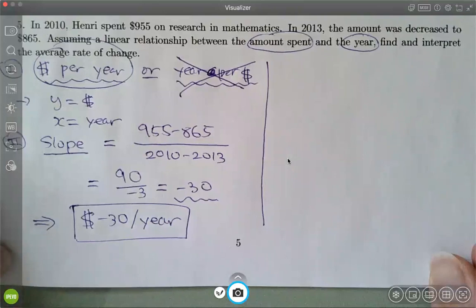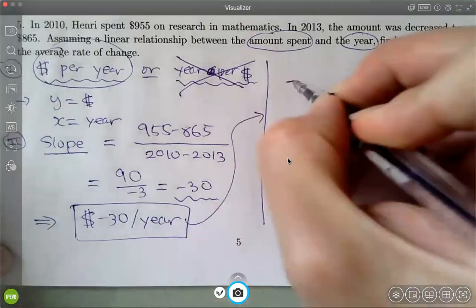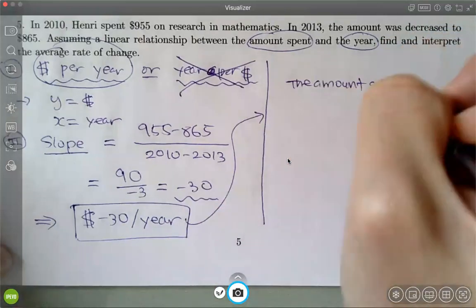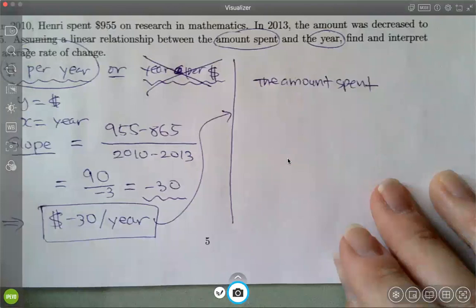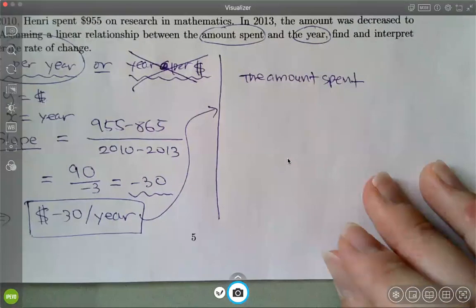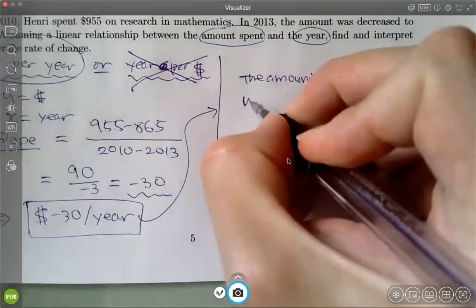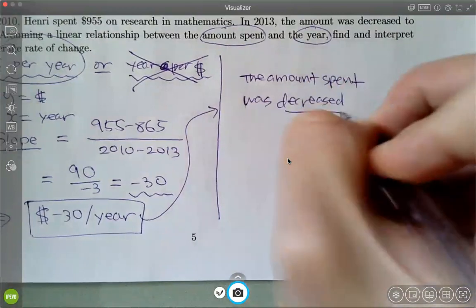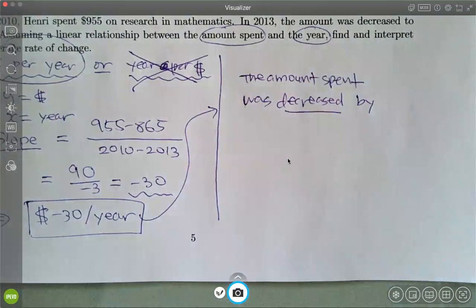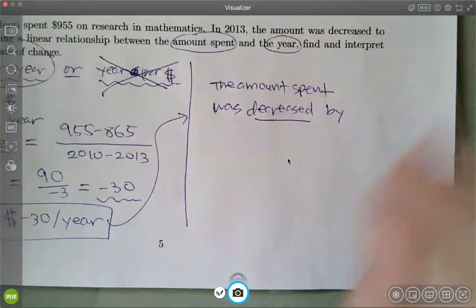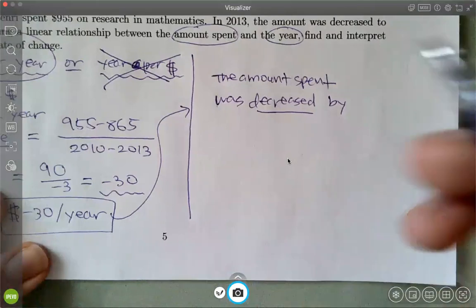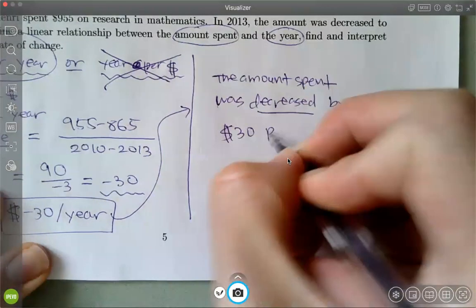Decrease. Yes. So this means the amount spent on research in math was decreased. It's not just a random decrease; there's a fixed rate. It decreased by $30 per year.